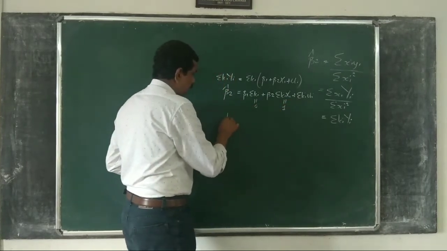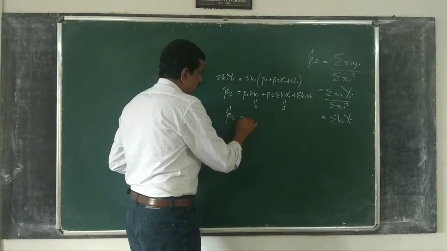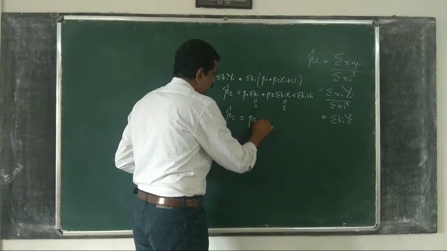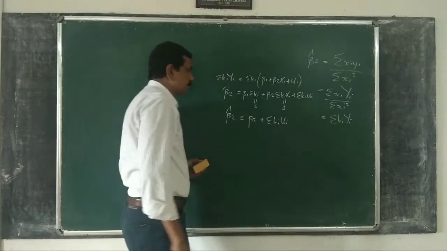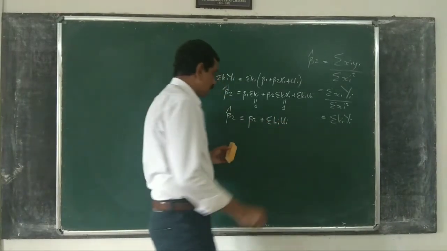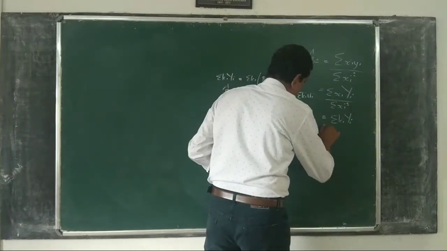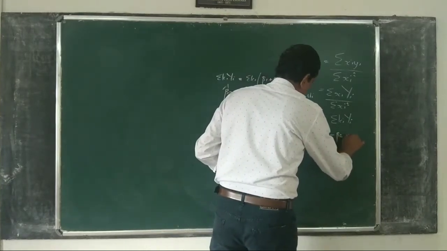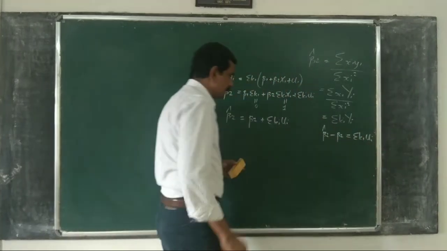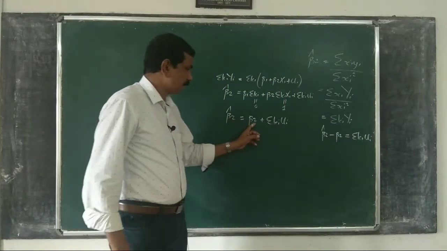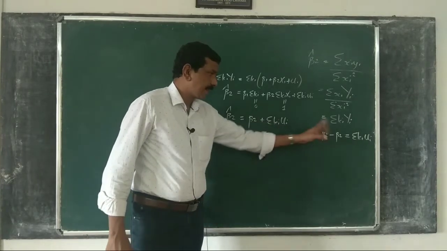So beta 2 hat is equal to beta 2 plus sigma ki ui. It also follows that beta 2 hat minus beta 2 is equal to sigma ki ui.